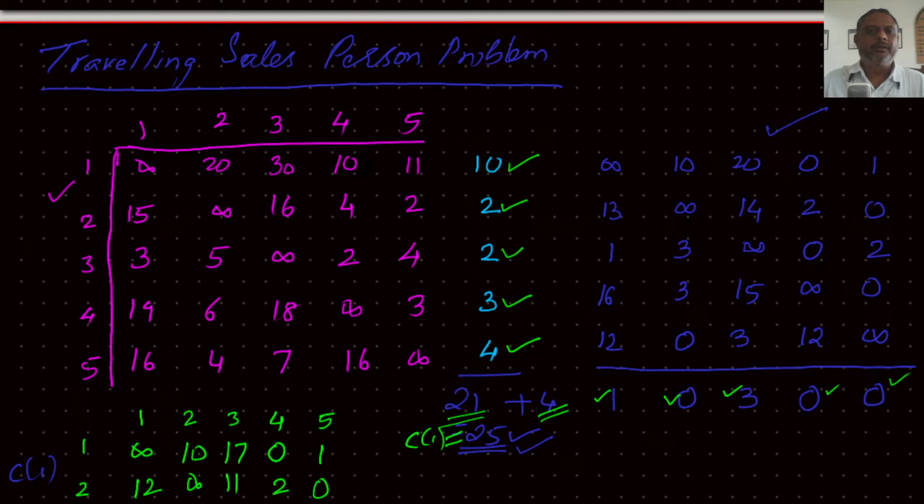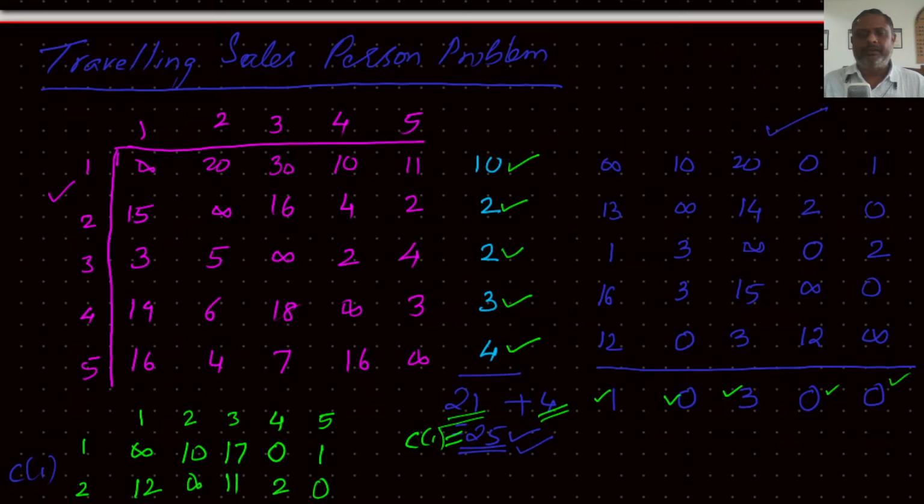Then finally 1 to 5. If you look at it, the first row, fifth column is made infinite, then the minimum here is 2, minimum here is 0, minimum here 3, minimum here 0. So subtract 2 from this row, so 12 becomes 10, 11 becomes 9, 2 becomes 0.